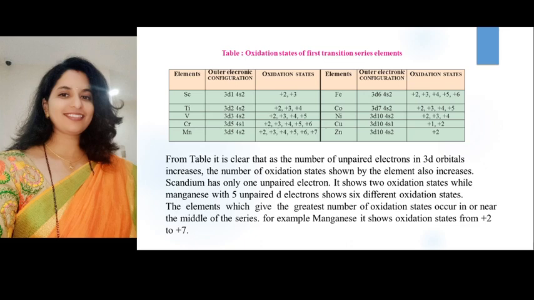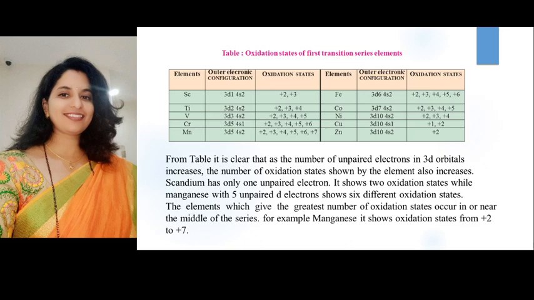So it should show +1, +2, +3, +4, +5 and +6 oxidation states. In fact, +1 oxidation state should have been very stable as it has exactly half-filled state of d orbital, which is more stable. However, chromium does not form normal salts in its +1 oxidation state. But a number of stable complexes of chromium in its +1 oxidation state with pyridine are well known.